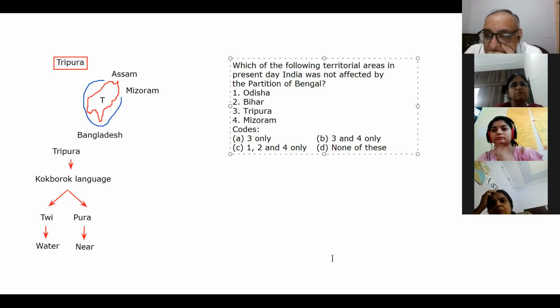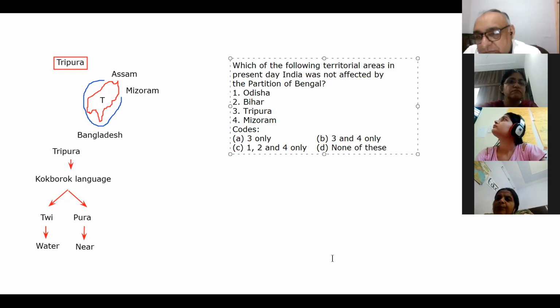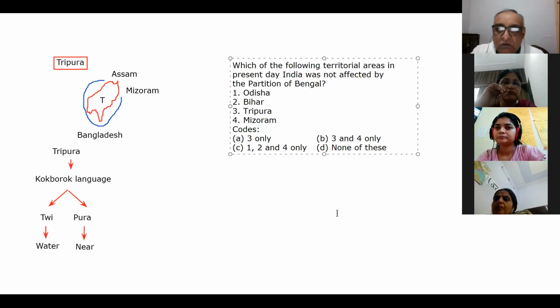And during the partition of Bengal, Odisha and Bihar were part of Bengal, so these areas got affected. Tripura also got affected. Mizoram also got affected because Mizoram was part of Assam at that time. So none of these is the answer. All were affected by the partition.